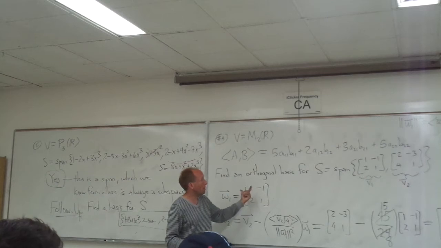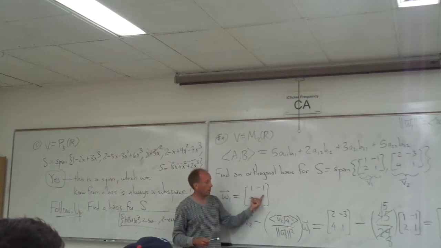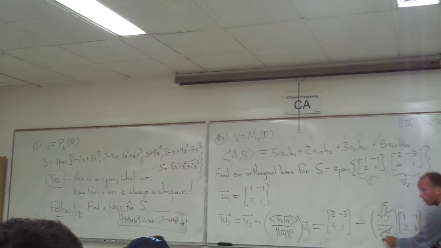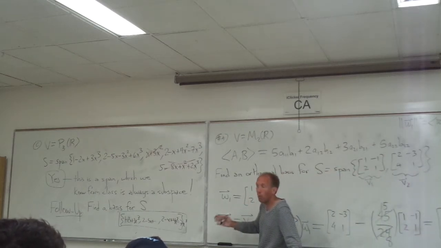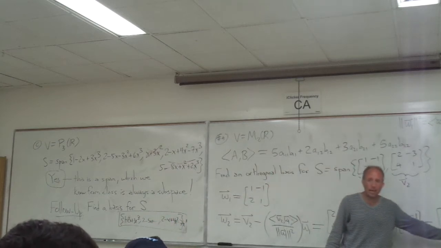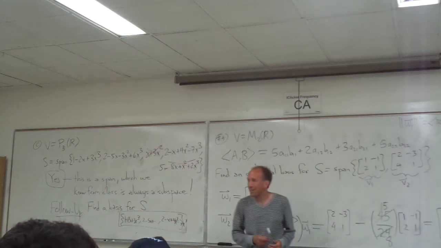So for example, I would have to divide this vector by the square root of 24, because the norm of W1 squared was 24. So I would have to divide this one by radical 24 if I wanted to normalize it. And then I would have to normalize this one too, which would be a pain. It would actually be quite a pain to figure this out because of the fractions. So we won't do it right now. But does that make some sense?